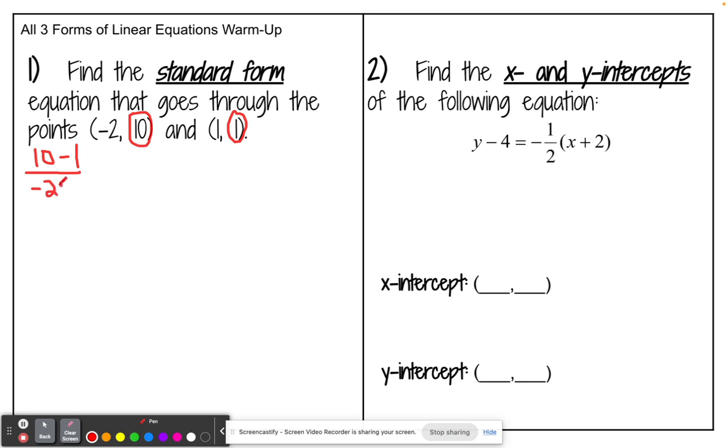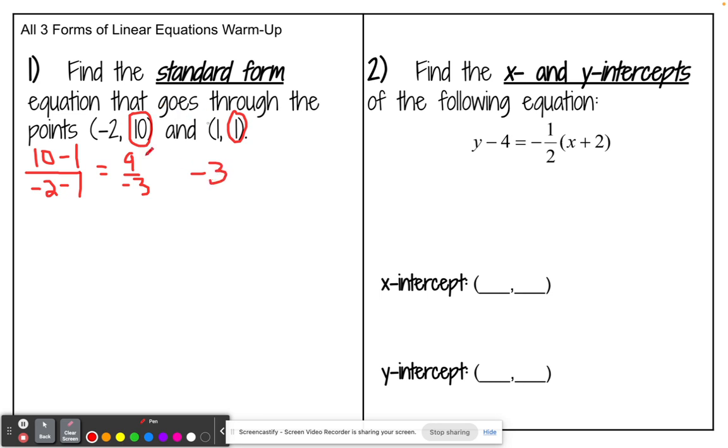Remember, since I started with the 10 on the top, I have to start with the -2 on the bottom. I will get 9 over -3, which I can then simplify to just -3. That's my m. That's my slope.